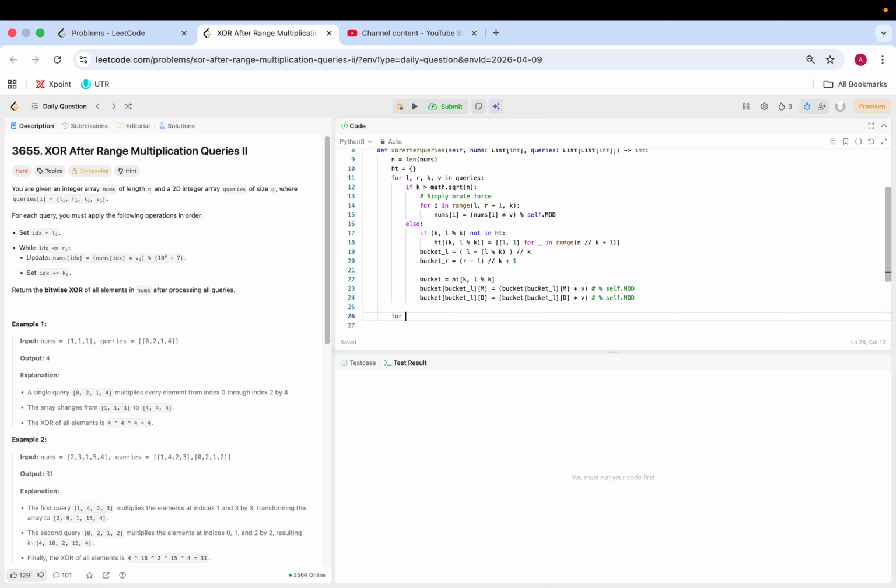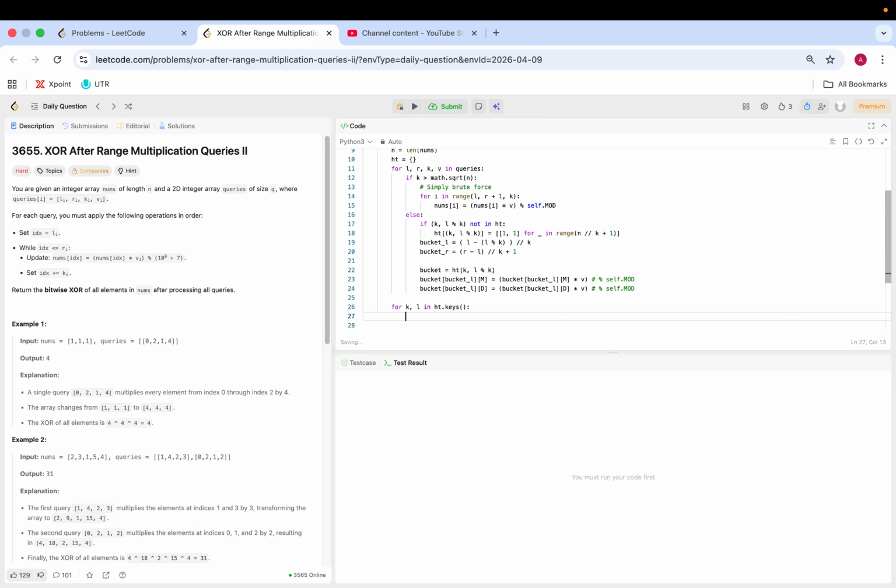For jump value, L value in the dictionary dot keys, bucket is equal to ht at the KL value, this tuple.